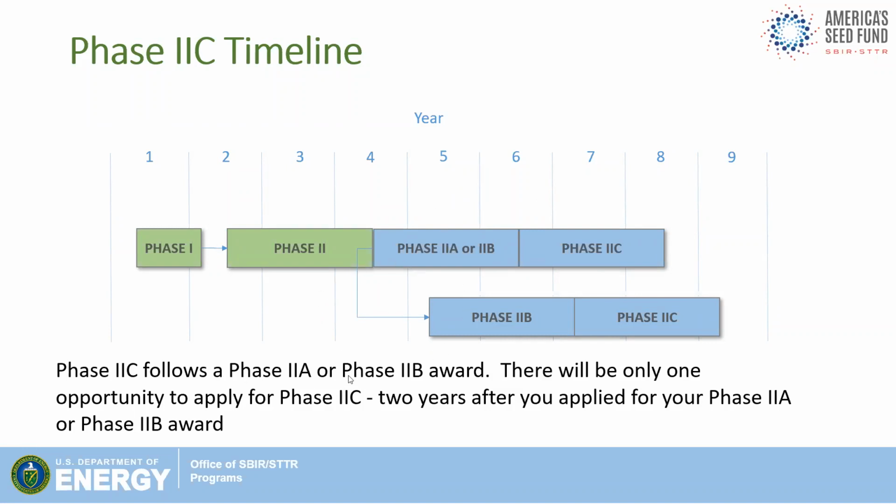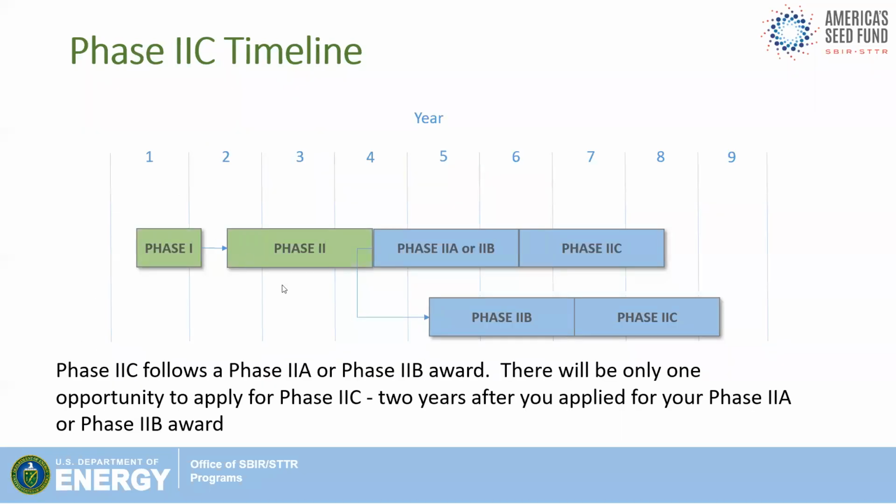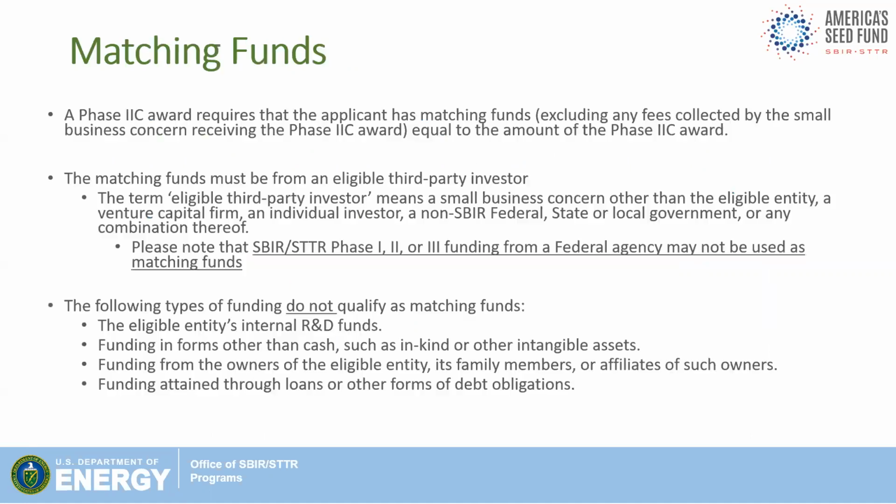So it immediately follows a 2A or a 2B award, and there's only one opportunity to apply for 2C. And to your point again, it has to be SBIR. The phase 2A or B would have had to have been SBIR and not STTR.